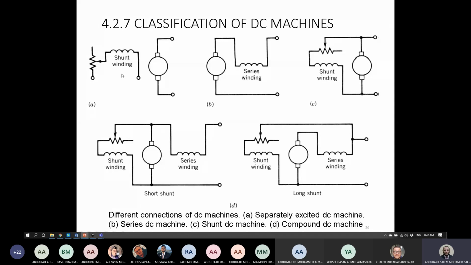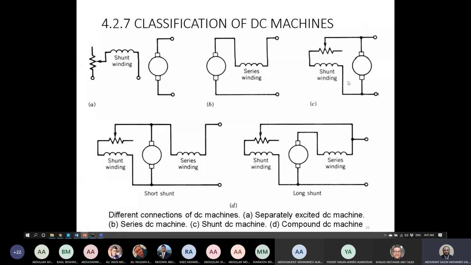We have shunt winding. Shunt winding, it means you have field winding connected in parallel with the armature. So we can connect both of them together to the same source here.